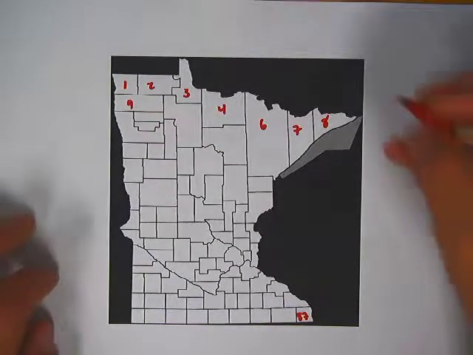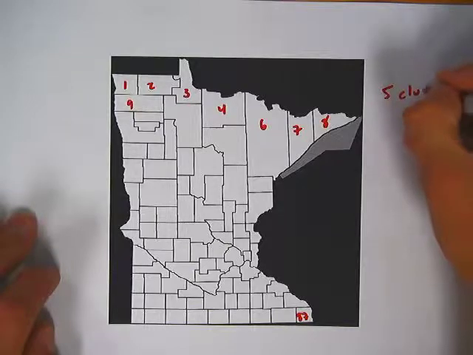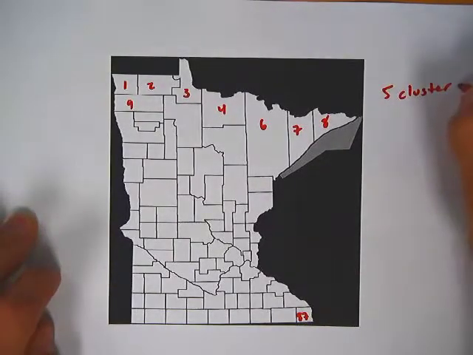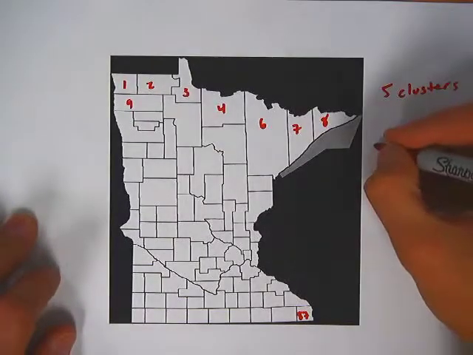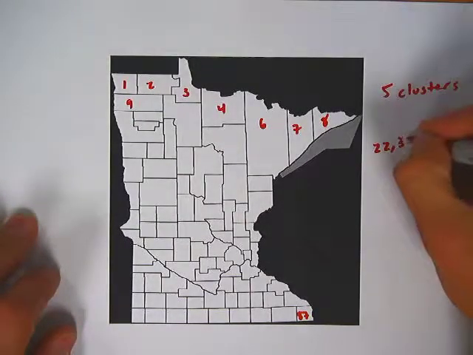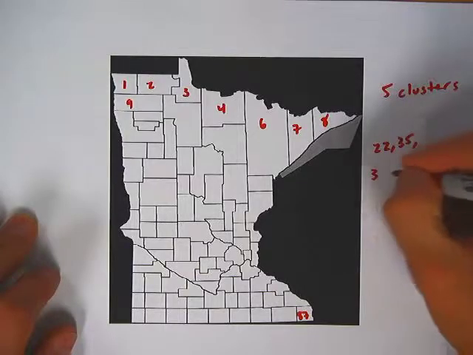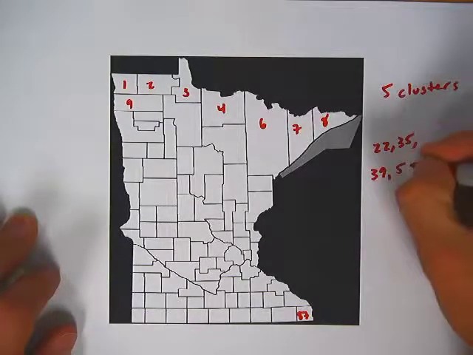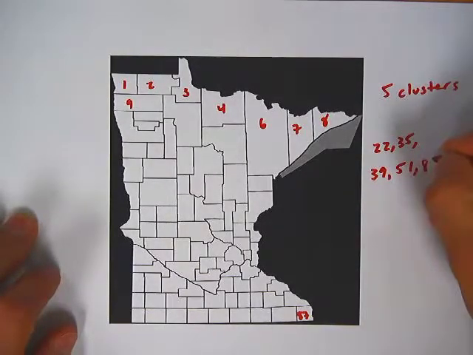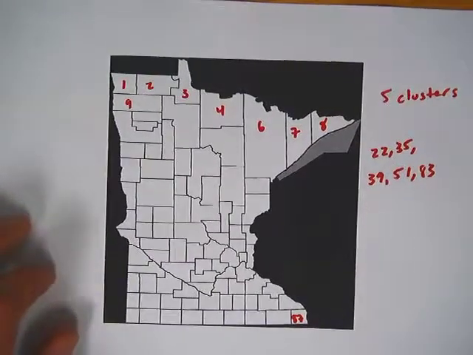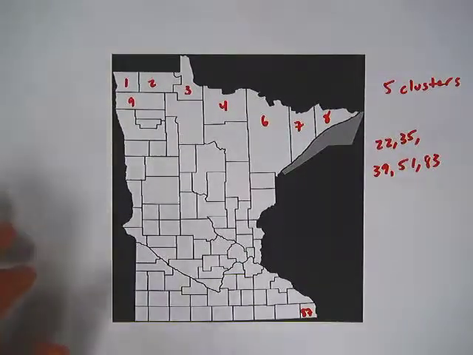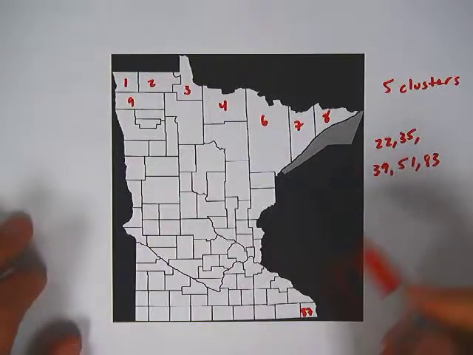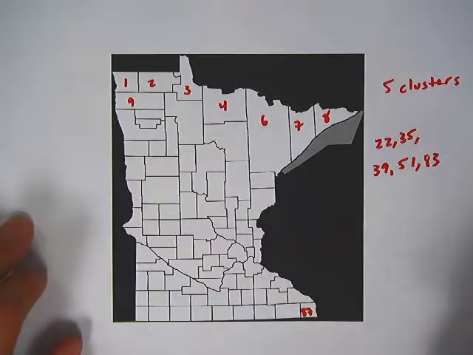So let's say I want to include 5 clusters in my sample. So what I need is 5 random numbers. I generated some random numbers earlier. Then, if I had a fully numbered map, I'd go through and select where my counties are.